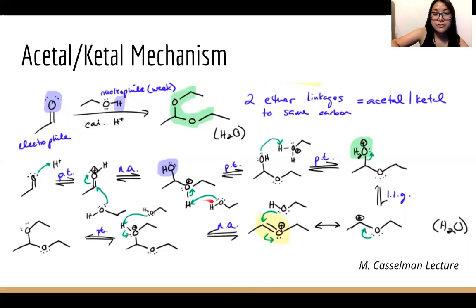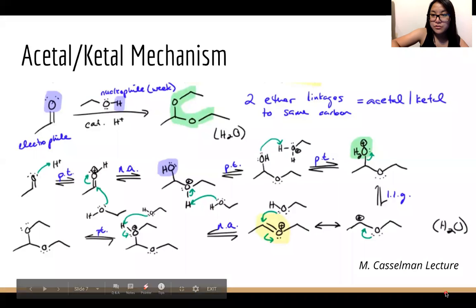So what we're going to do is take another equivalent of the nucleophile, and it's going to grab that hydrogen off right here. And then in the next step, we're going to have this oxygen grab that same hydrogen off, if that makes sense. Can everyone see that?